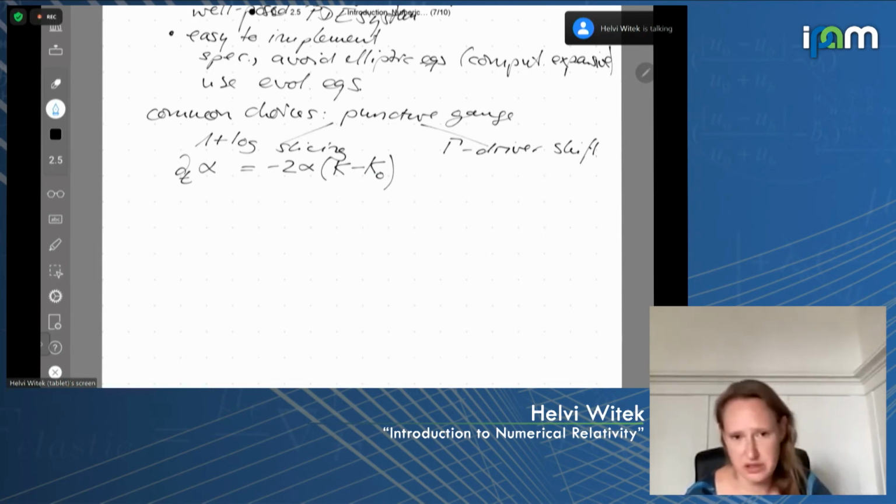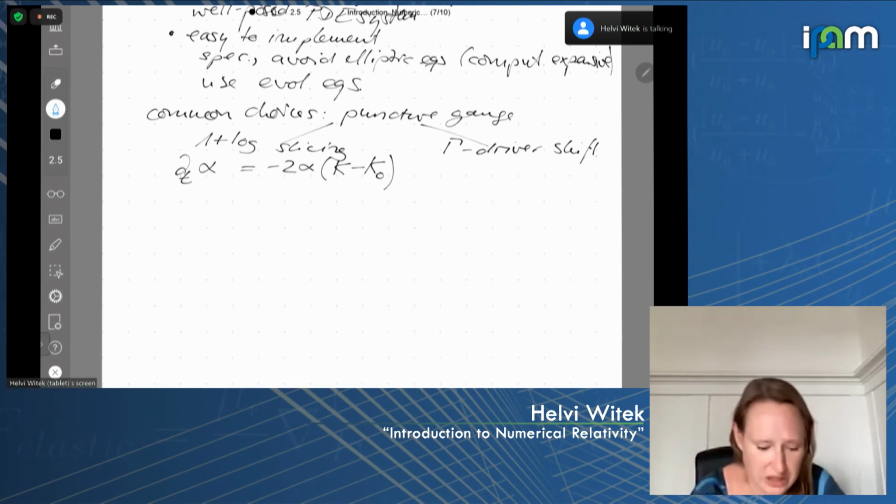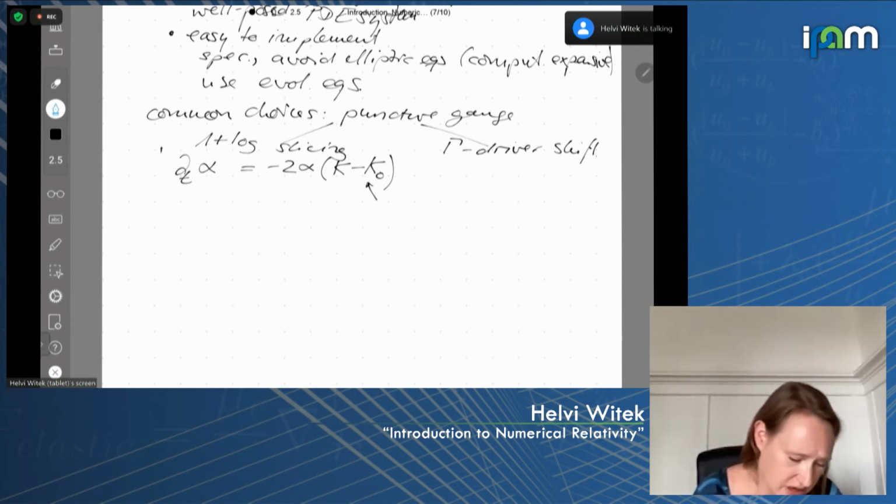For example, in one of the early works that I did as a PhD student, we did simulations in asymptotically de Sitter spacetime. So we've actually found it useful to add this additional background curvature to our evolutions, but this is what we typically use to evolve the lapse.